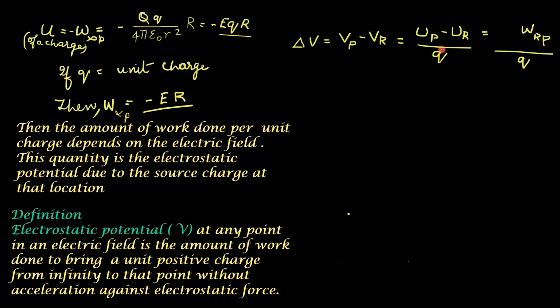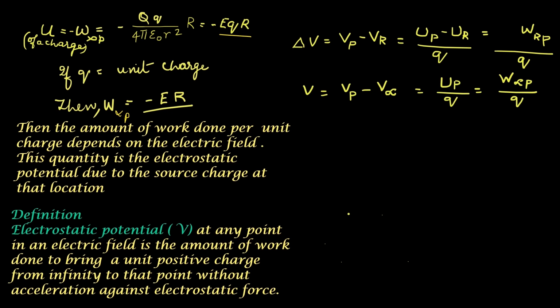U_P minus U_R by q is equal to the change in electrostatic potential energy of unit charge in that electric field, which is equal to work done to shift the charge from R to P divided by q.